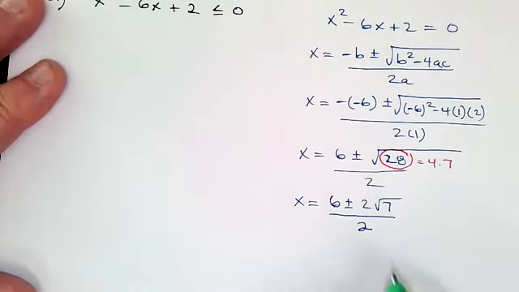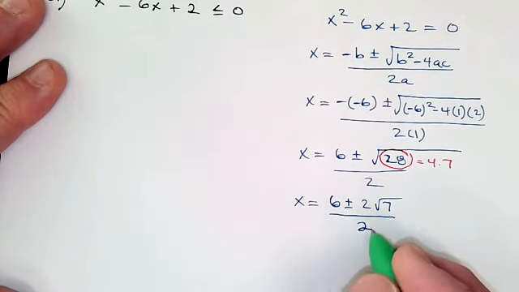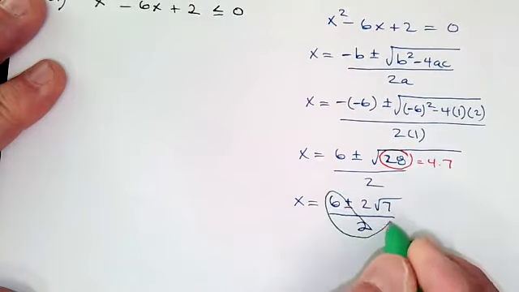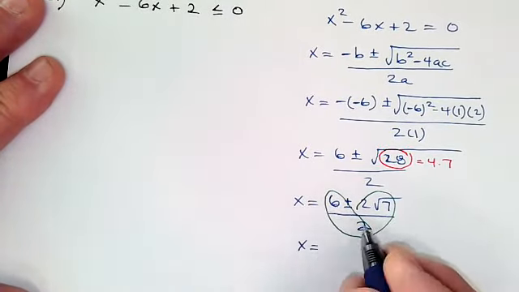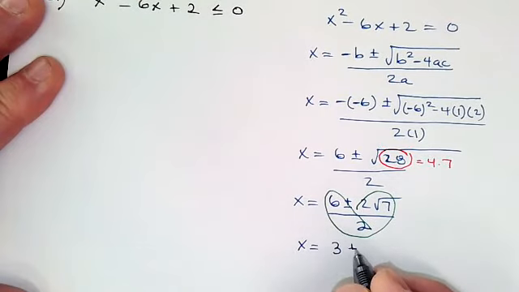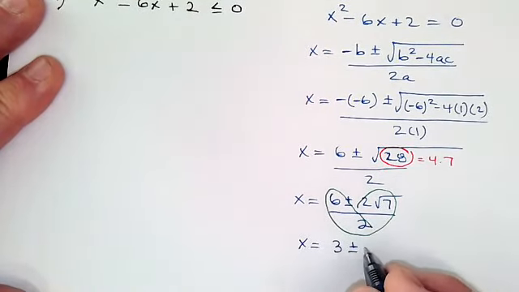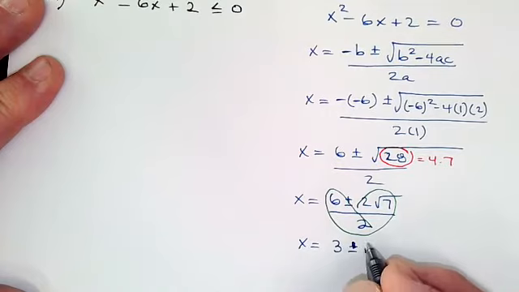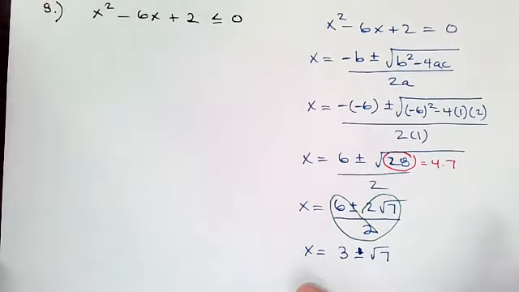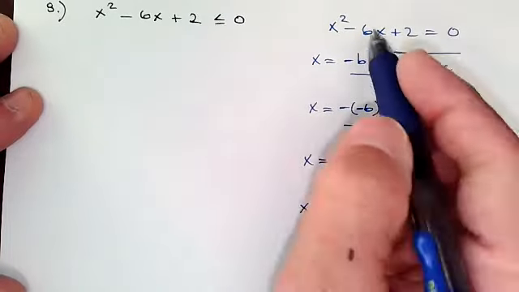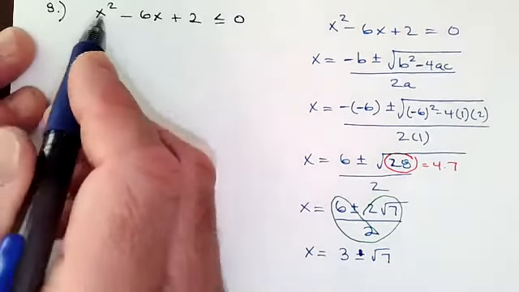And then if you notice that this 2 divides evenly into both of those numbers, it's often nice to split this up and make this 6 over 2 is 3, plus or minus, here the 2's cancel, plus or minus root 7. So how does that help me here?